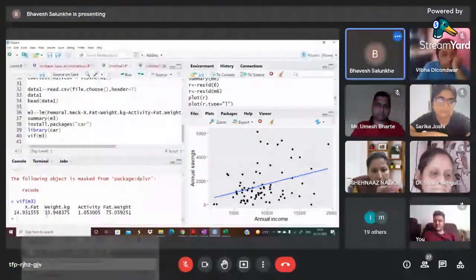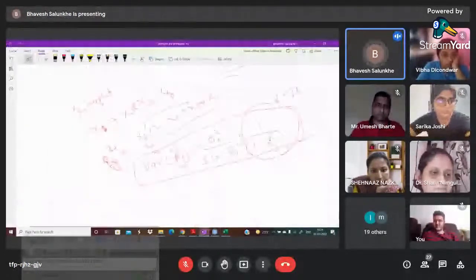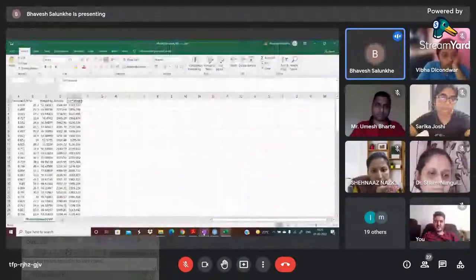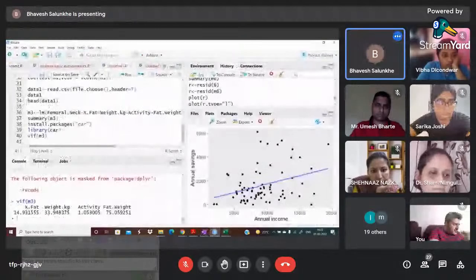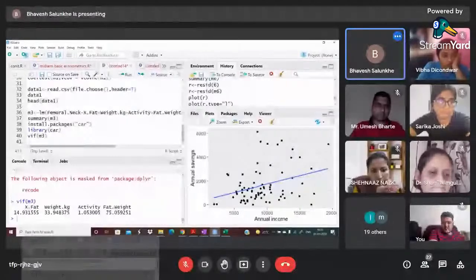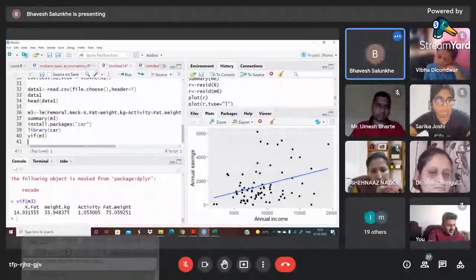Okay, and what is this value? 33.94. It is this value, R square j. That is regressing weight on activity, fat, and fat into weight.